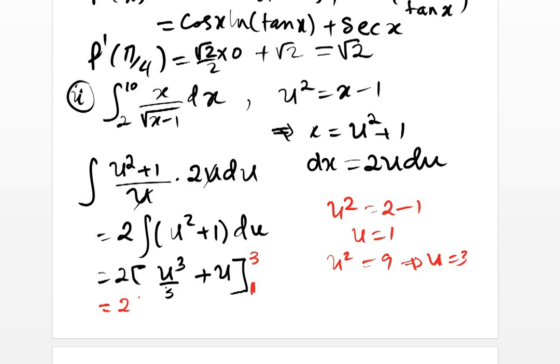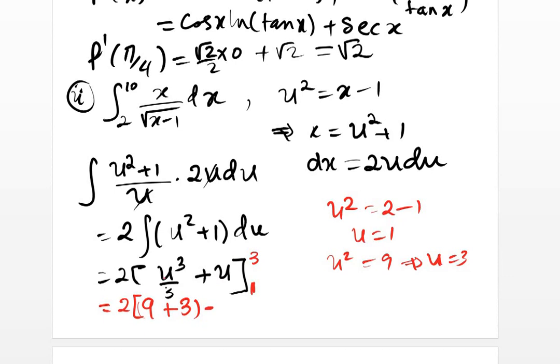The 2 is a constant, so let's work inside. This will be 3 cubed is 27 divided by 3, that's 9, plus 3. We have a mini bracket here.